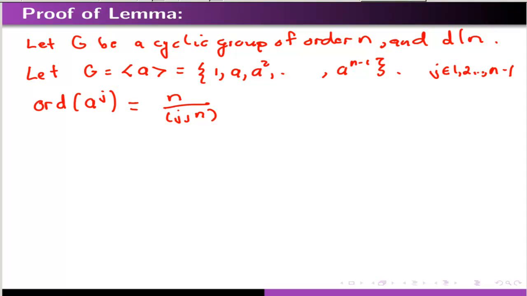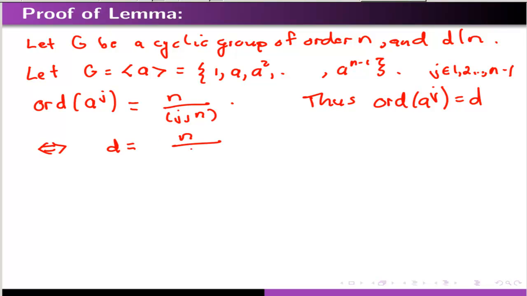So, if I want the order of a to the j to equal d, so I'm trying to count how many times the order of a to the j will be d, that is equivalent to saying that d is n divided by the GCD of j and n, and we're trying to identify the values of j that make this work.